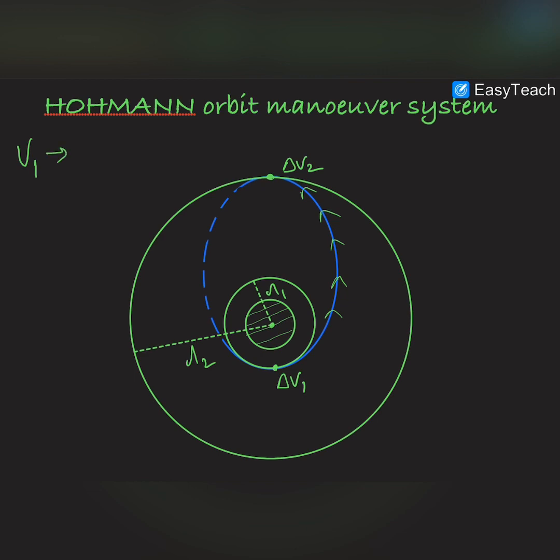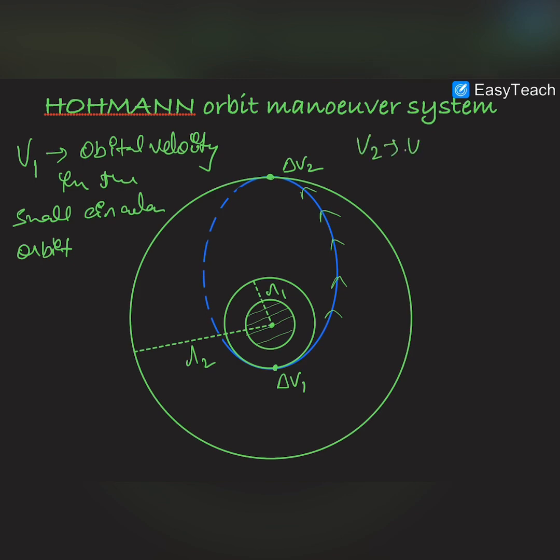Let us define v1 as the orbital velocity in the smaller circular orbit, and v2 as the orbital velocity in the larger circular orbit.